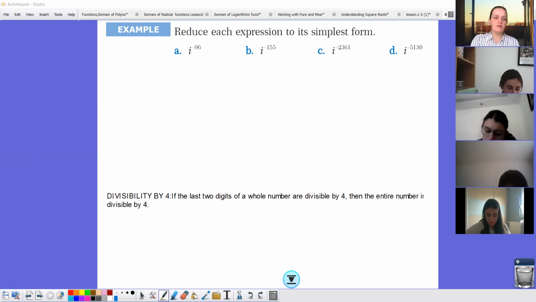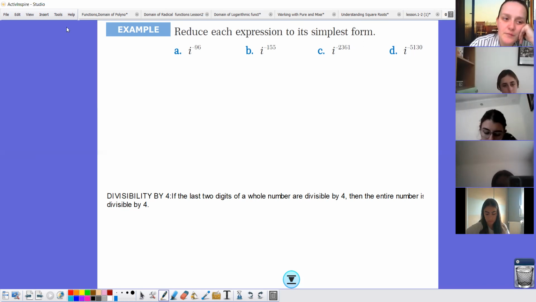Let's see what you will do with the negative powers. How will you start to solve this one?